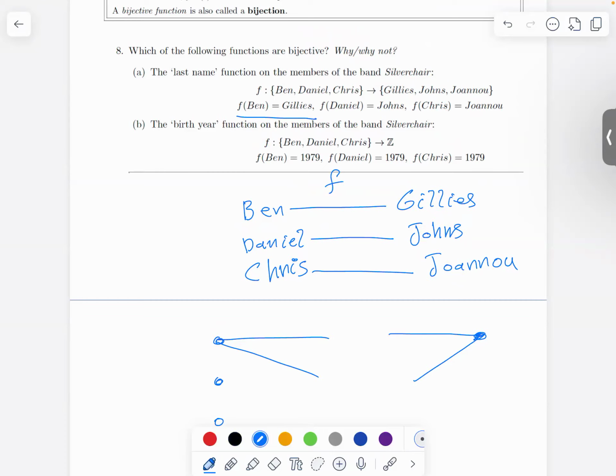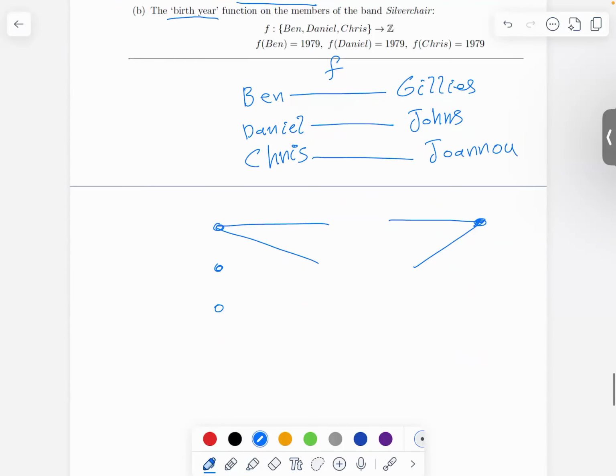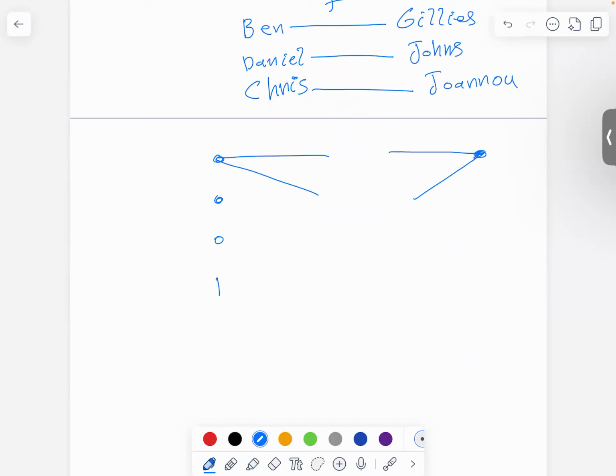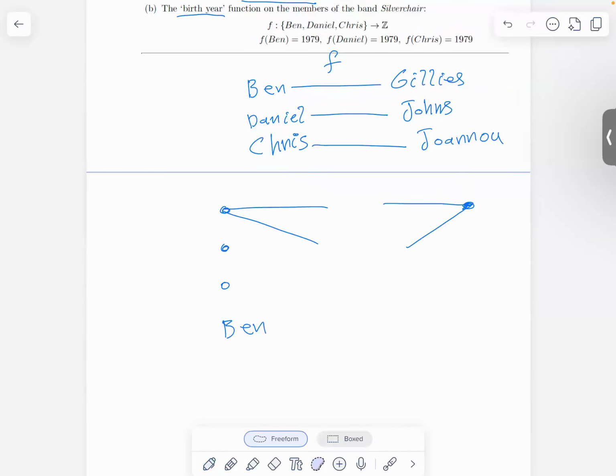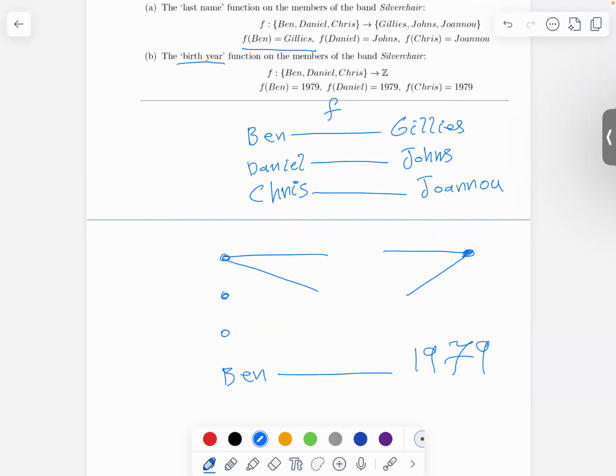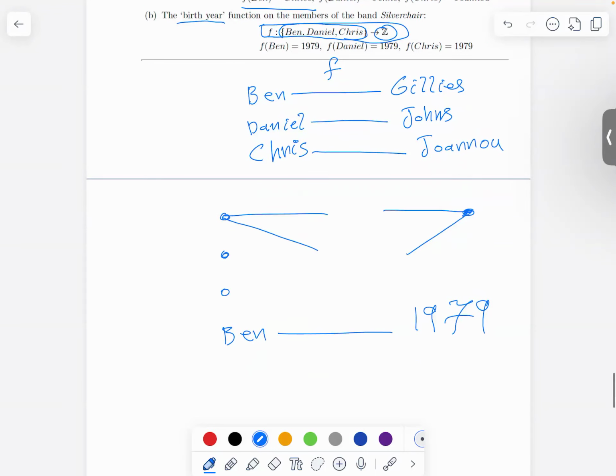The last one. Now the birth year function on F. Ben, let's do this one. Ben, it's 1979. Now this time the function is defined from this domain to this range, Z. The images of the function can be different.